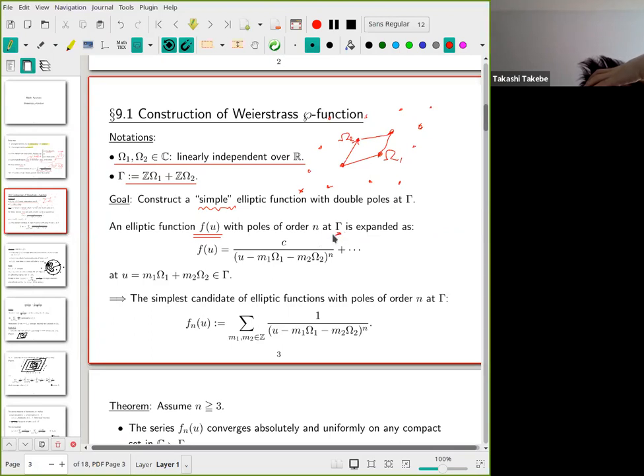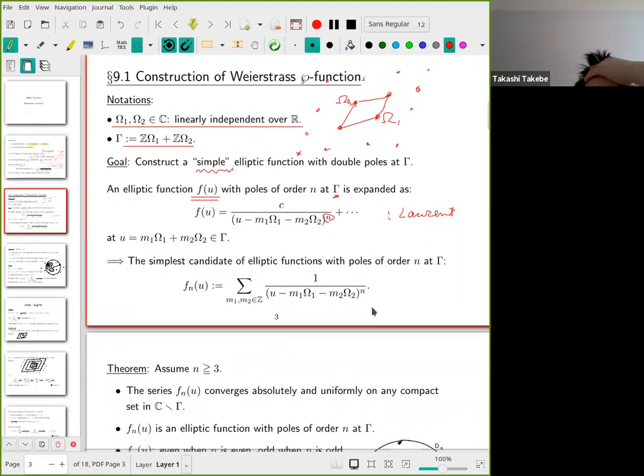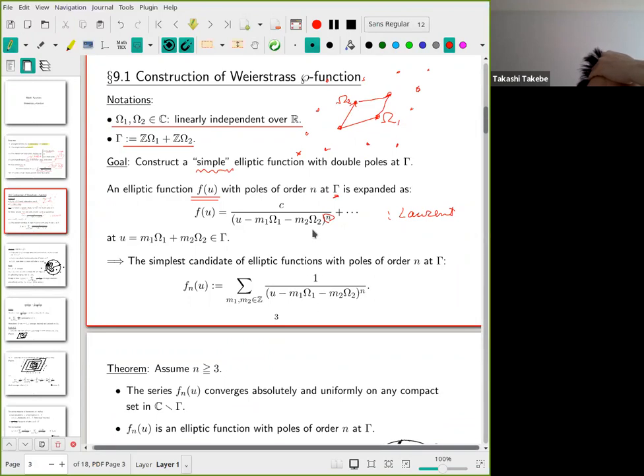Then if the pole is of order n, by definition it has such a Laurent expansion, starting from n. This part does not have any other poles on the complex plane.